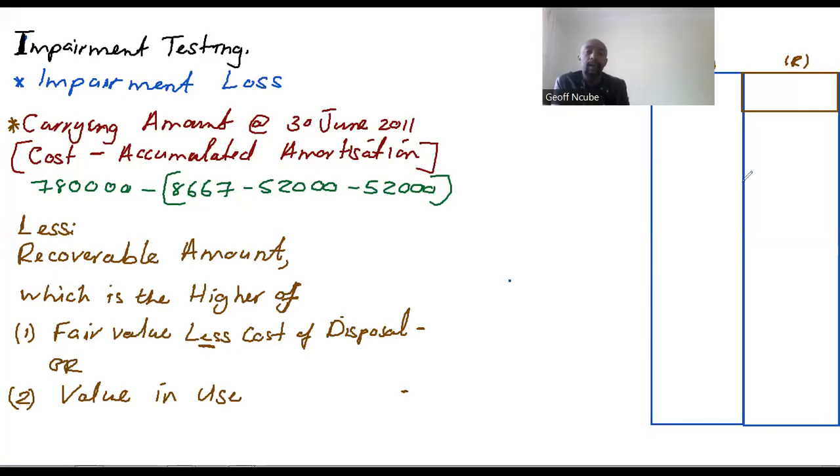So we're going to get our carrying amount as 667,333. So that represents our carrying amount.